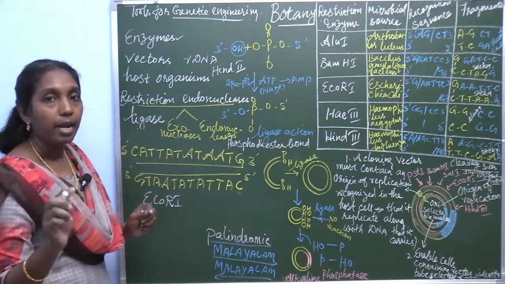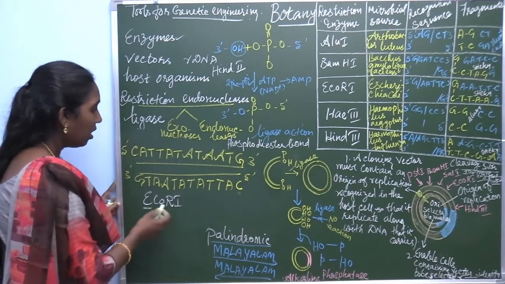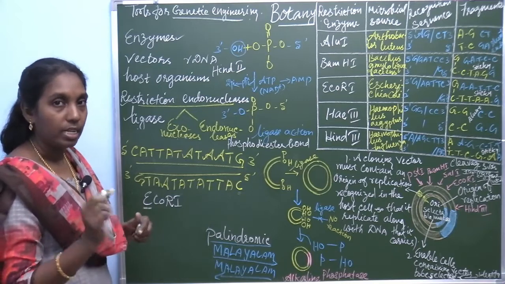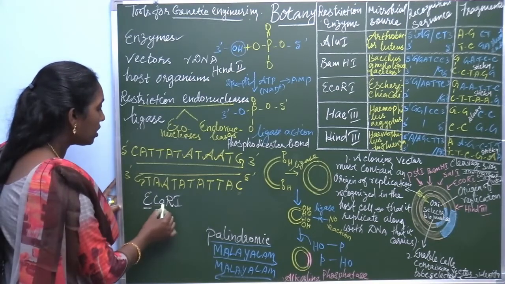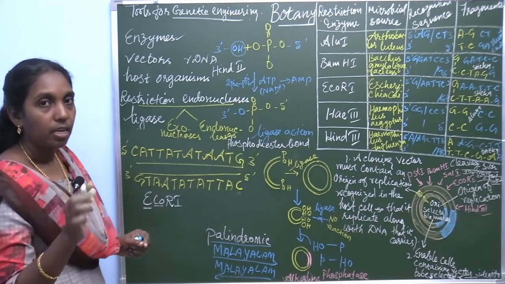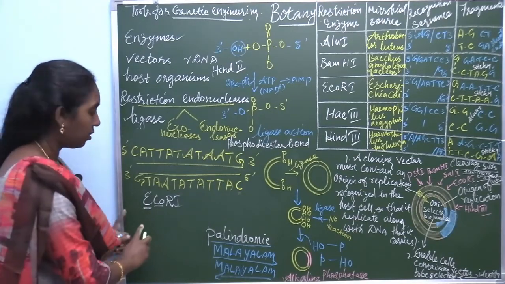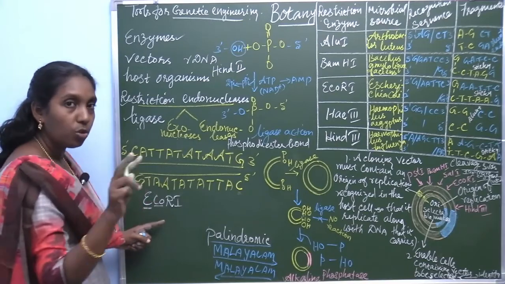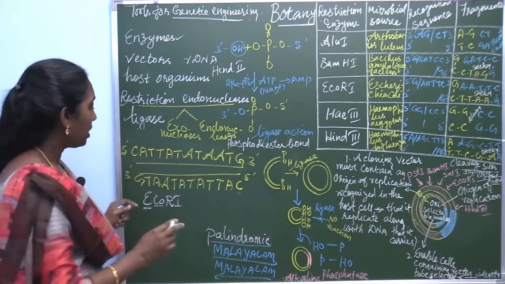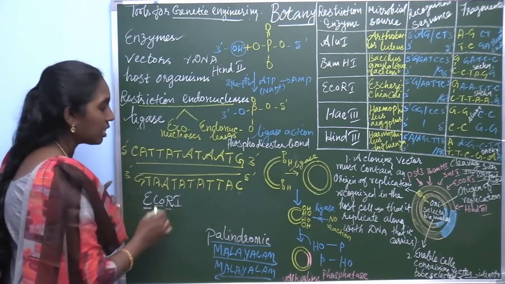The first letter is derived from the genus name, followed by 2 letters from the species name, coli. So E. coli: first letter of the genus name, followed by 2 letters indicating the species, and R is the strain.